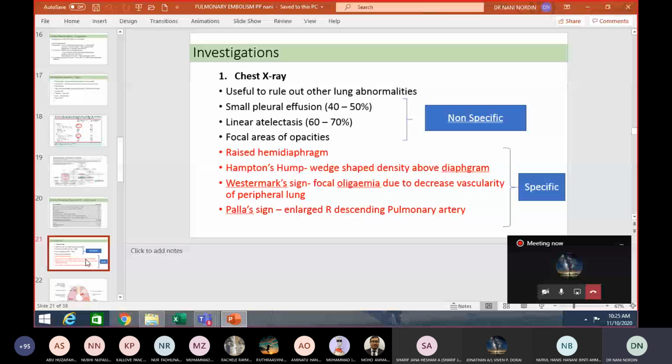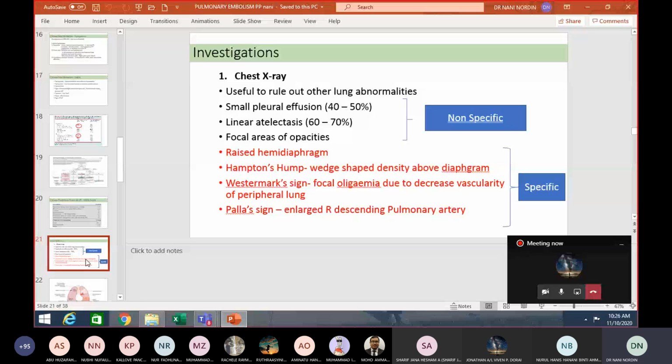Even if a patient is not in the emergency department, they can bring the mobile chest X-ray and do it at the bedside. If a patient is unstable to move around, you can do a mobile chest X-ray.